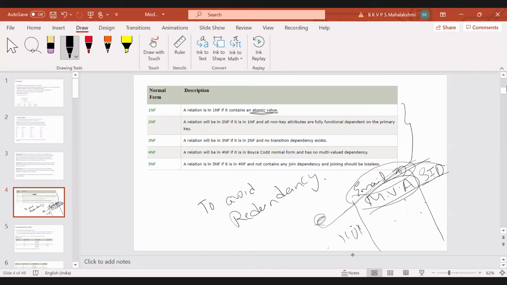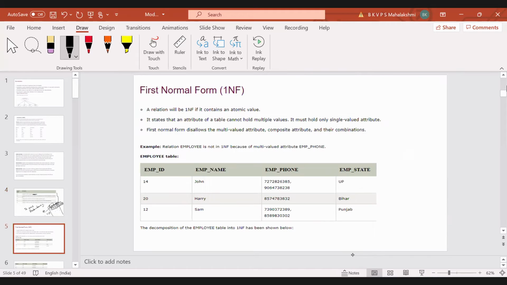I have shown that example already in the last class. Suppose see here, for the employee table, phone numbers are two for record 14 and for record 12. I can make this table into 1NF by inserting the record 14 again, giving only one atomic value of phone number at once while inserting.